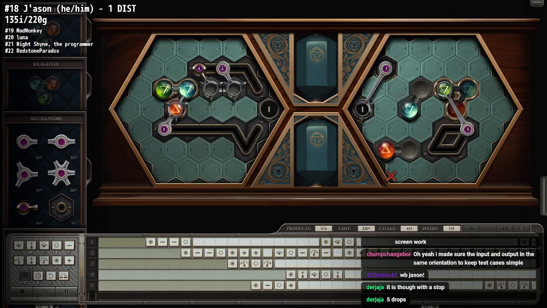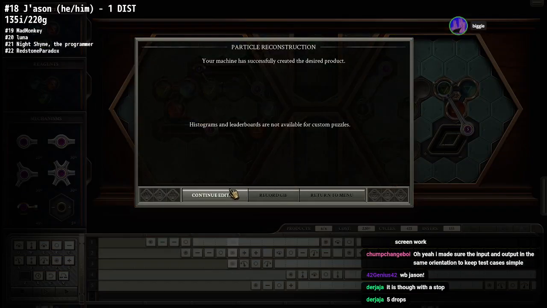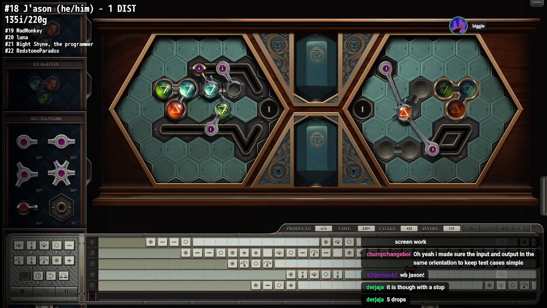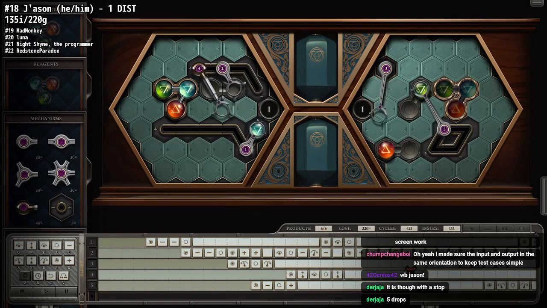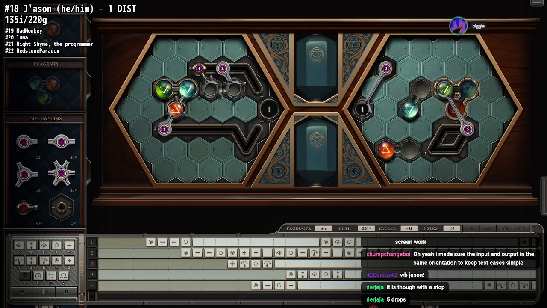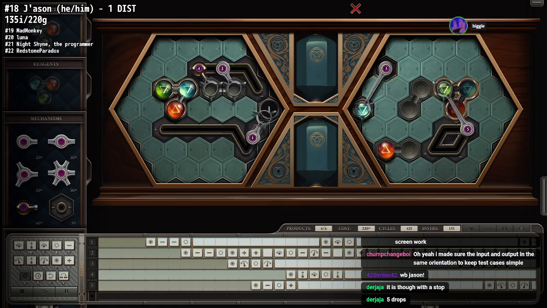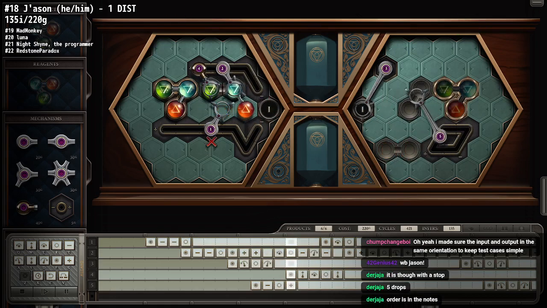Yep, there are 5 drops on this, and the timing seems to be for this one to drop, or to get the second, third, and fifth. Yeah, this input uses the second, third, and fifth drop to construct the output. Let's see what the others do.